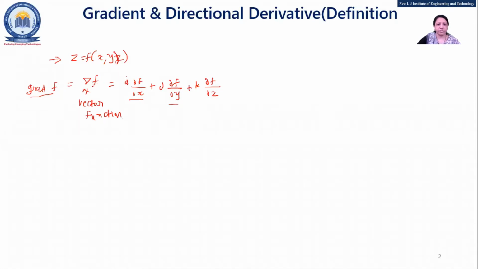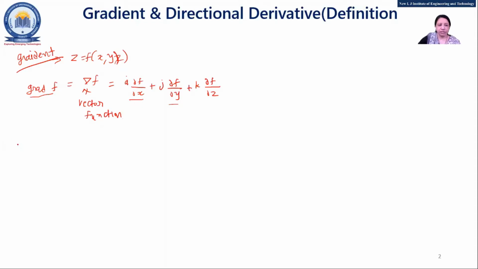This type of example is normally less likely in GTU, but we'll go through this topic quickly, so it won't cause much trouble. So for gradient, just this equation you need to remember.